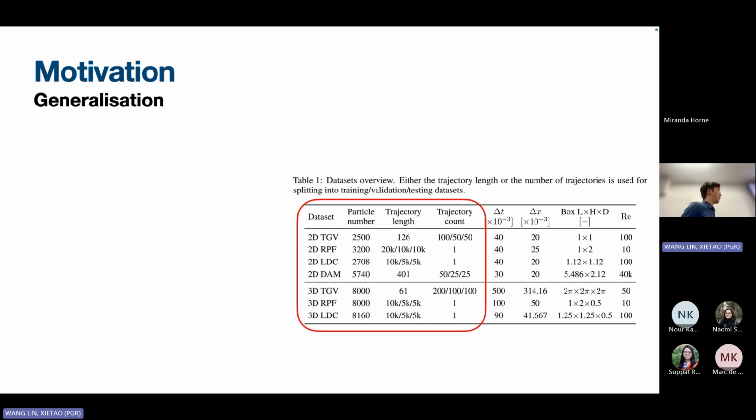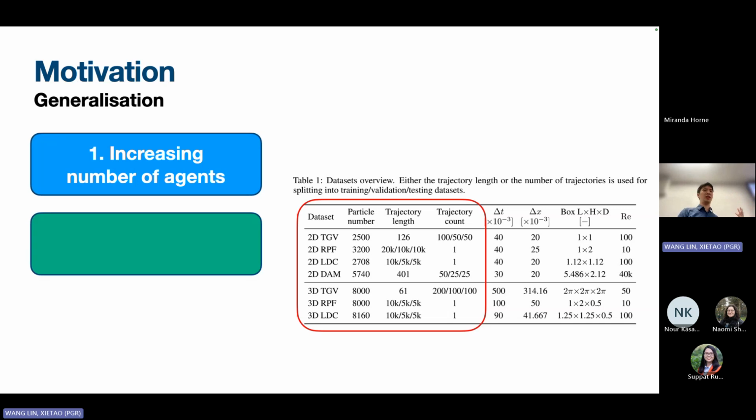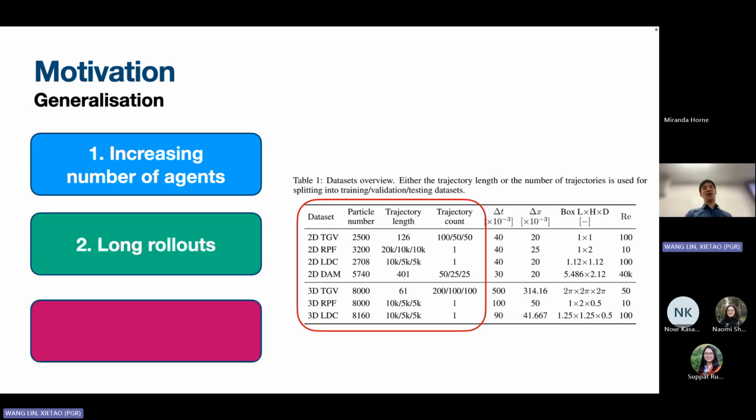So we're going to use active matter here to probe generalization properties of the learned models in terms of, first of all, increasing the number of agents. Secondly, very long rollouts, and lastly, we'll investigate whether it can generalize to novel geometries.